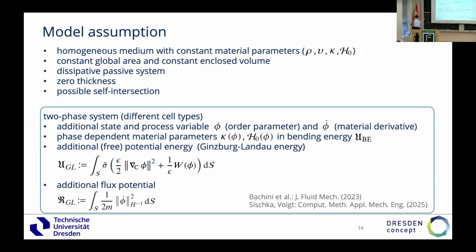Right, and then we can introduce phase-dependent material parameters. Our bending rigidity, spontaneous curvature, and so on now depend on this phase. And we add an additional potential energy, our Ginzburg-Landau energy, which penalizes changes between the two different phases.